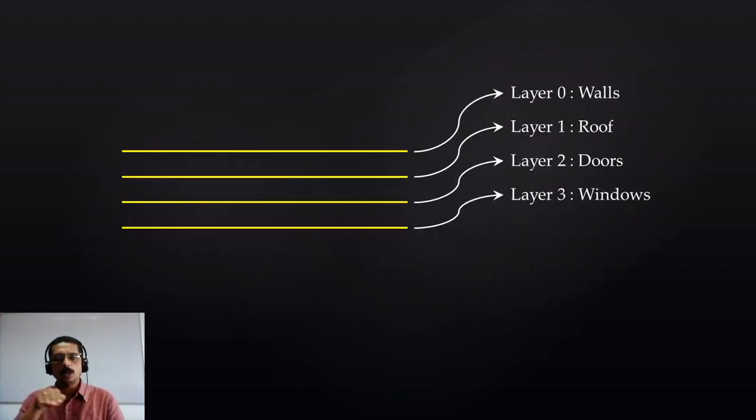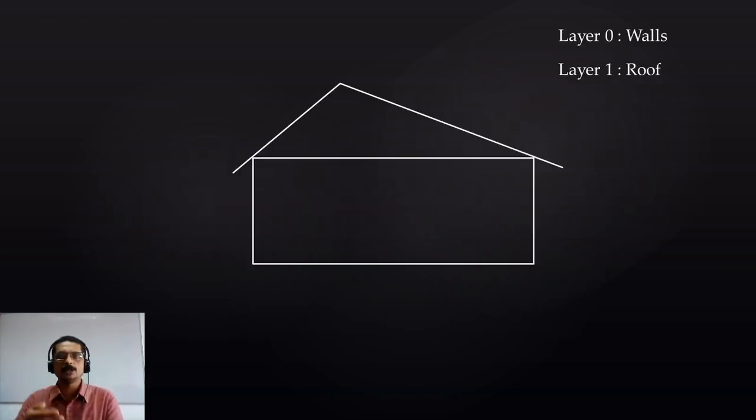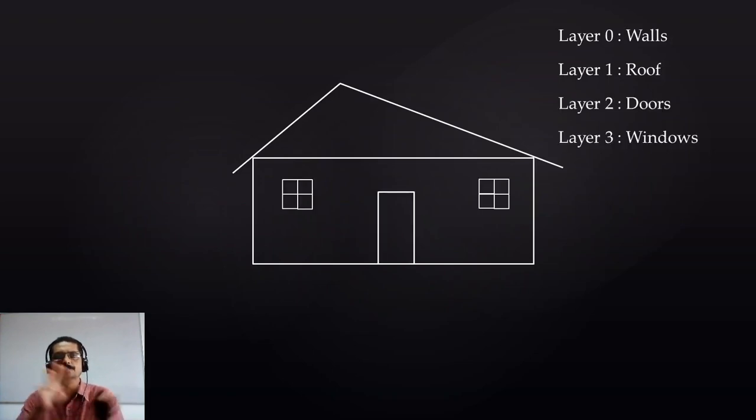Now if I keep all these layers one above the other, layer 3 above layer 2, above layer 1, above layer 0, you can keep vice versa also, then together they form the complete drawing.